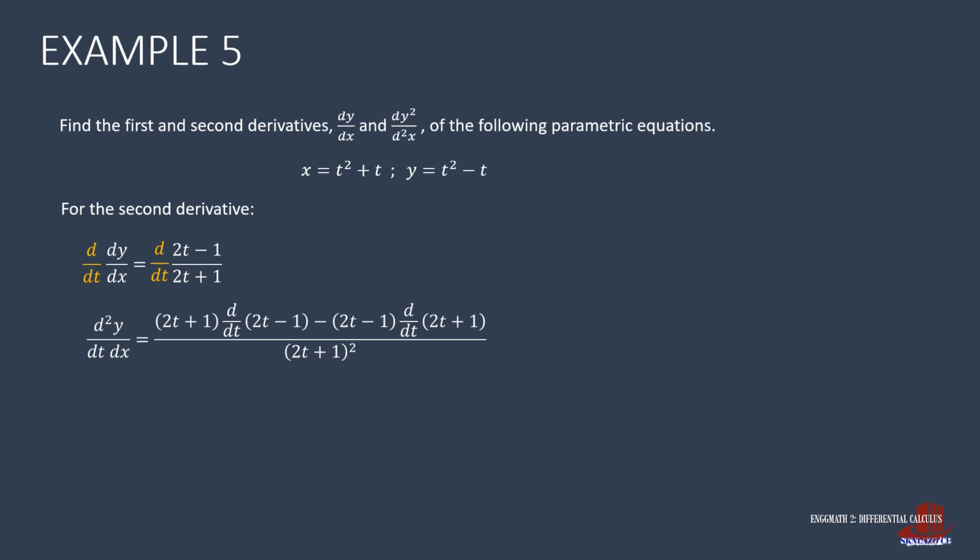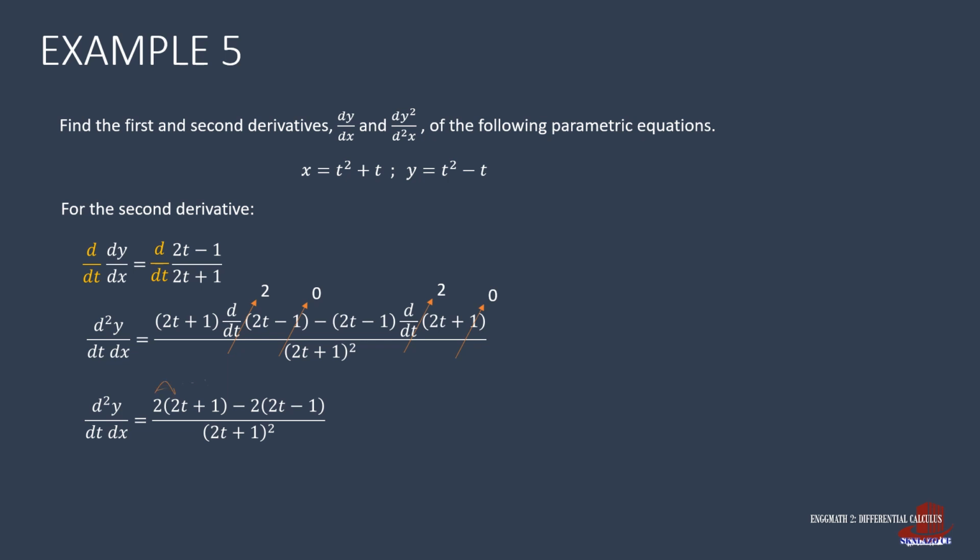As we have done this several times already, we can simplify the derivative of 2t as 2, and the derivative of 1 as 0. So we have twice of 2t plus 1 minus twice of 2t minus 1 all upon the square of 2t plus 1.